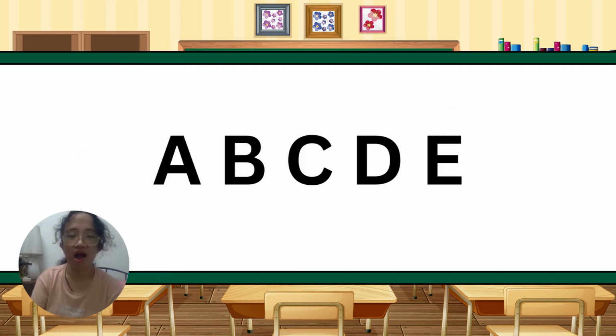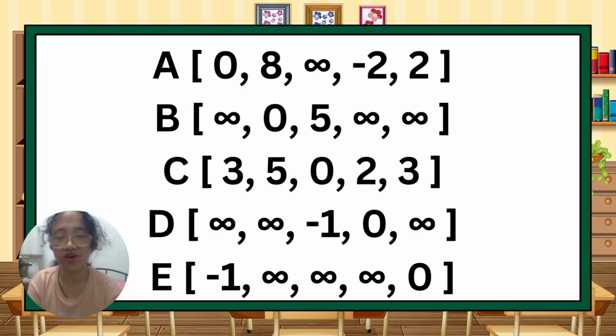So here is our adjacency matrix. For vertex A: 0, 8, infinity, negative 2, and positive 2. For vertex B: infinity, 0, 5, infinity, and infinity. For vertex C: 3, 5, 0, 2, and 3.